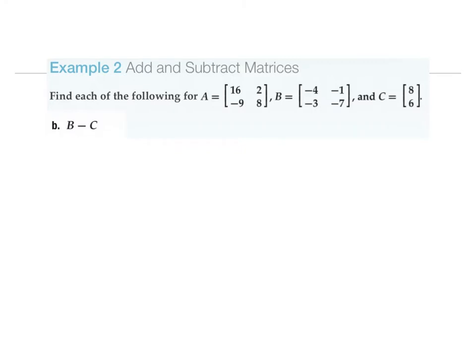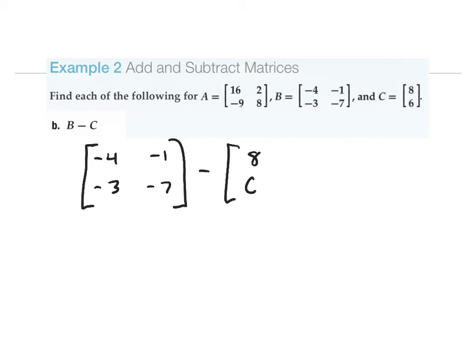All right, here we are subtracting B minus C. Matrix B is -4, -3, -1, and -7, and then minus 8 and 6.